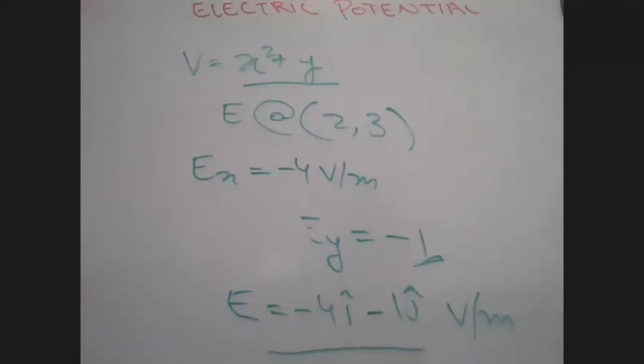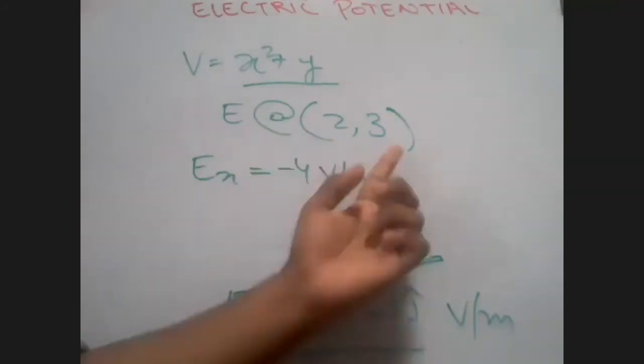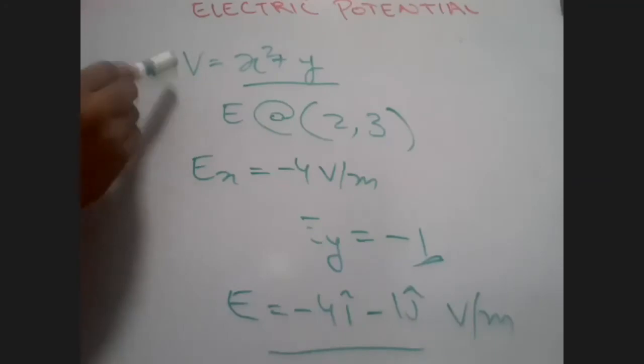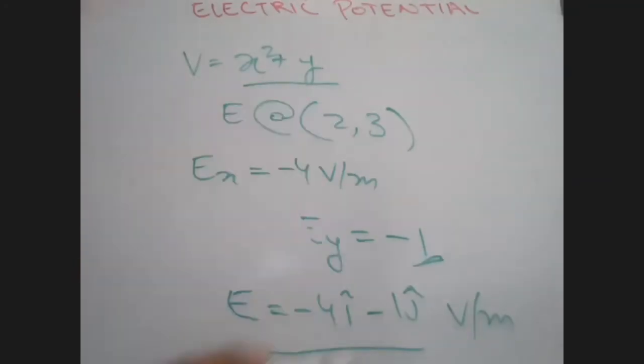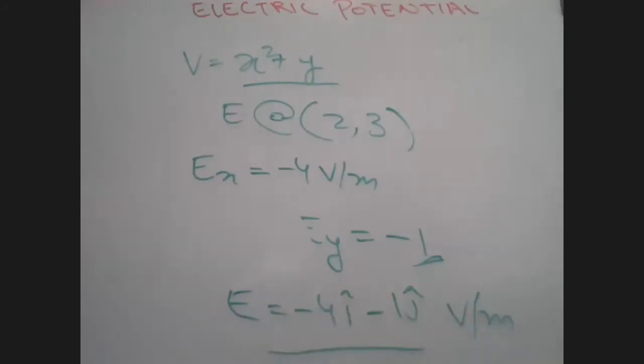So this is the electric field intensity at this point. If you see, the electric field intensity is decreasing on the x and y axis by this factor. When you have potential in this format, the electric field intensity at any 2 points is going to drop by this format. That is something for you to know.